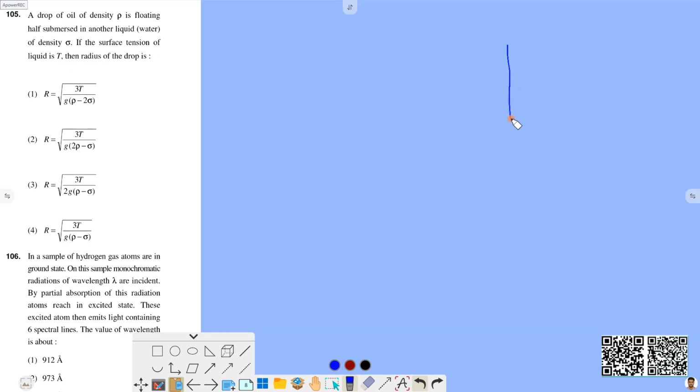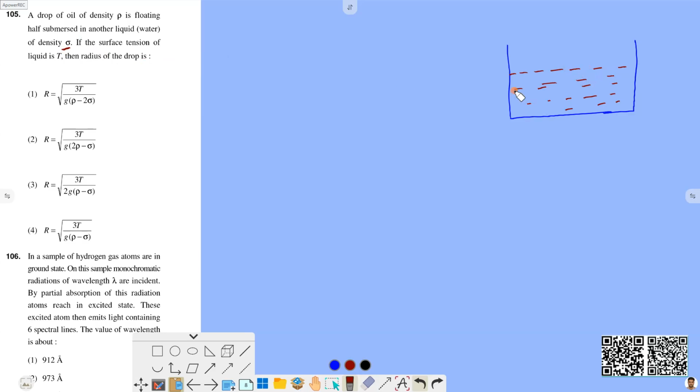So suppose this is our container, and here we have a liquid. Sorry, the density of the liquid is going to be sigma.